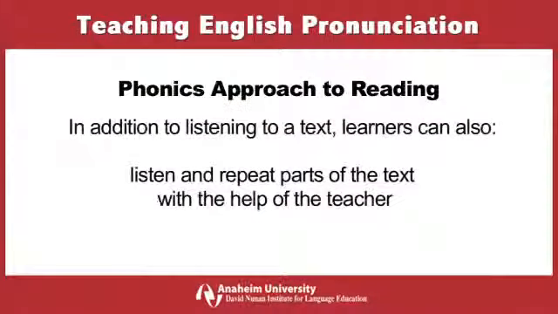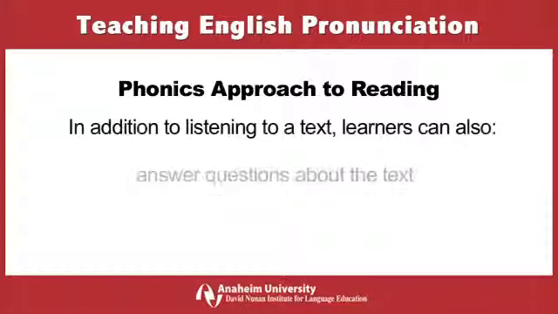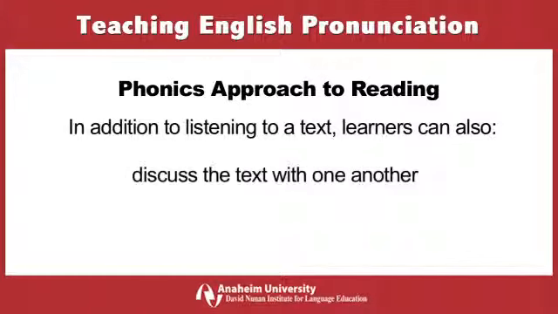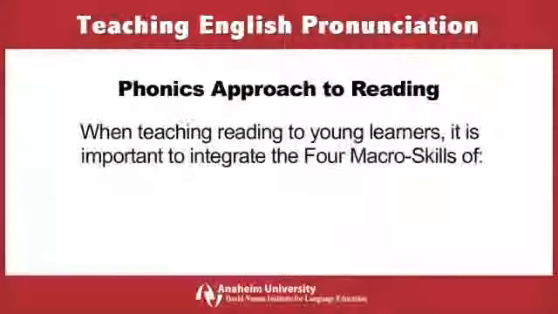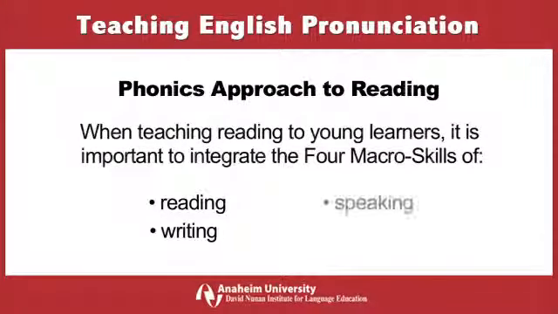They can listen and repeat parts of the text with the help of the teacher, answer questions about the text, and discuss the text with one another. Therefore, when teaching reading to young learners, it's important to integrate the 4 macro skills, which are reading, writing, speaking, and listening.